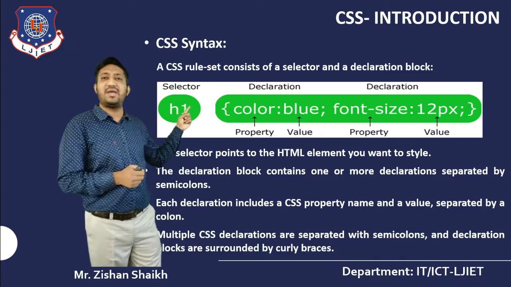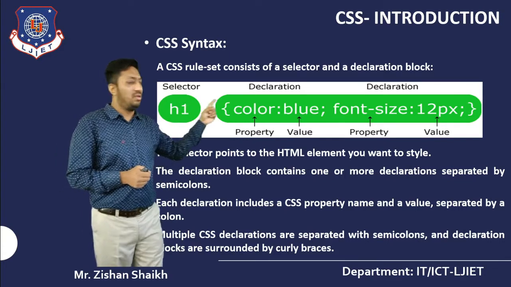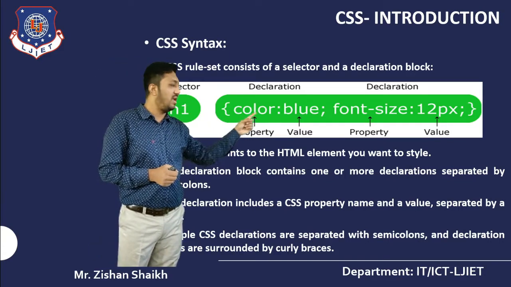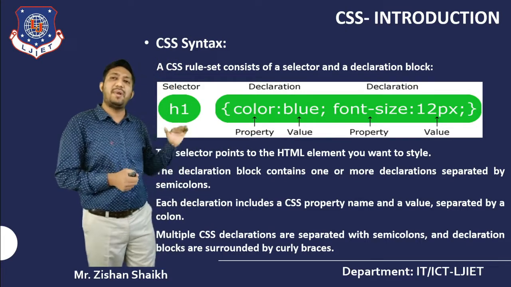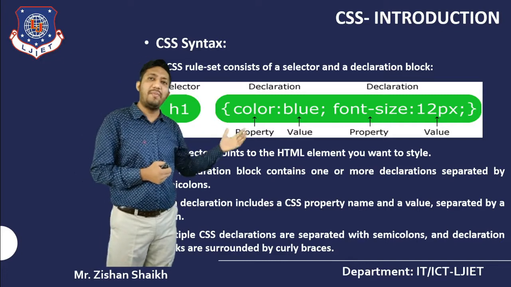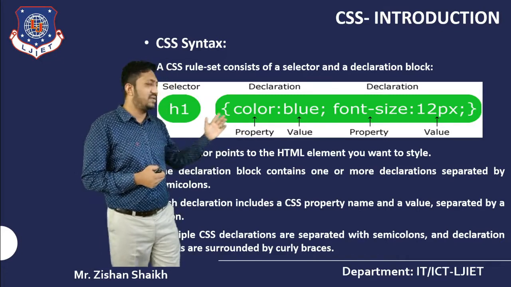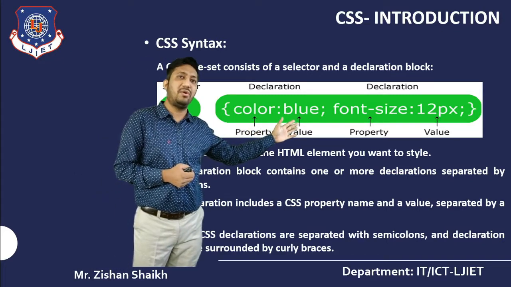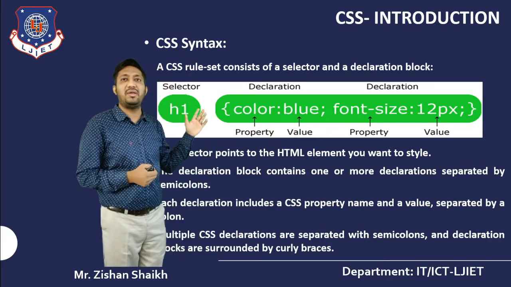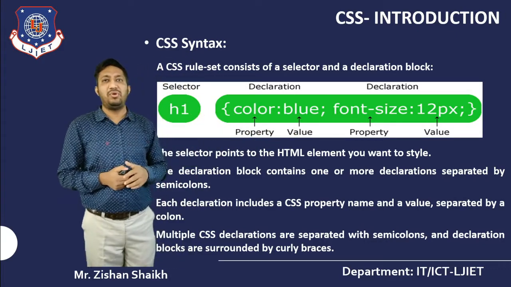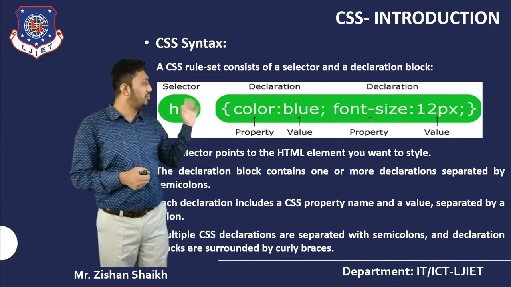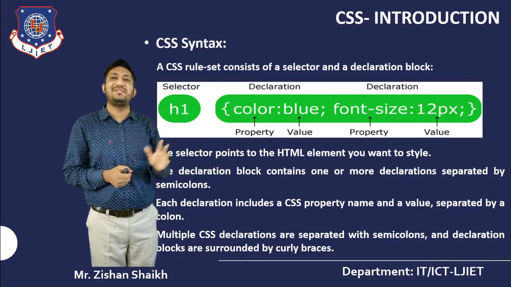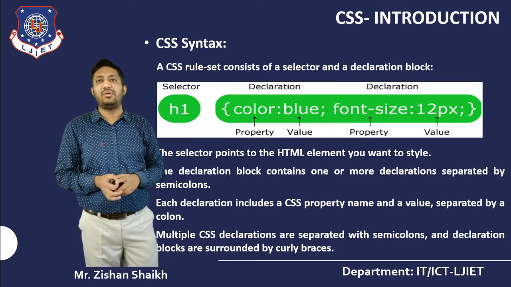Here the h1 tag is my selector, the property is color, and the value is blue. Suppose I want to apply more than one property here, then they will be separated by a semicolon. So in h1 I am writing color is blue and font size will be 12 pixel. So using this syntax we can apply CSS to an h1.